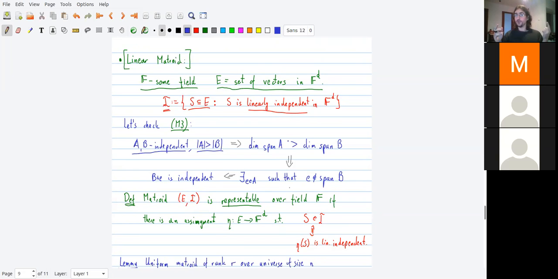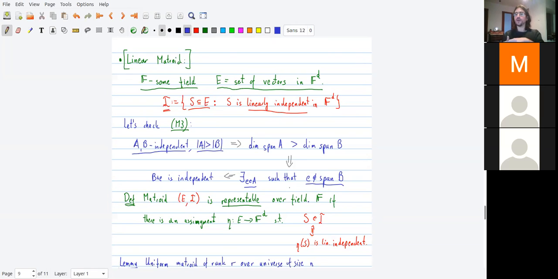But because there are more vectors in the first set than in the second, the dimension of the space spanned by A is strictly larger than the dimension of the space spanned by B. And this means that the space spanned by A must strictly stick out of the space spanned by B. So this means that there is a vector from A that does not belong to the linear span of the vectors from B. What does it mean? This means that I can add this vector to B while preserving linear independence.